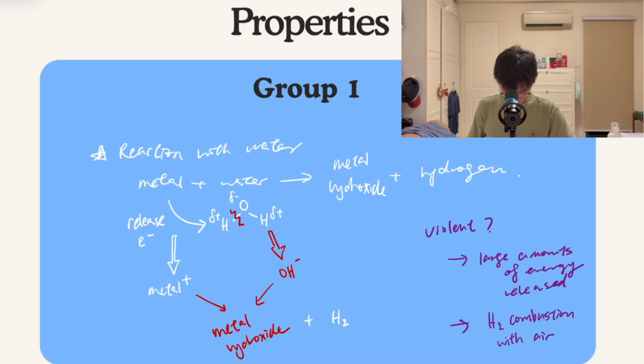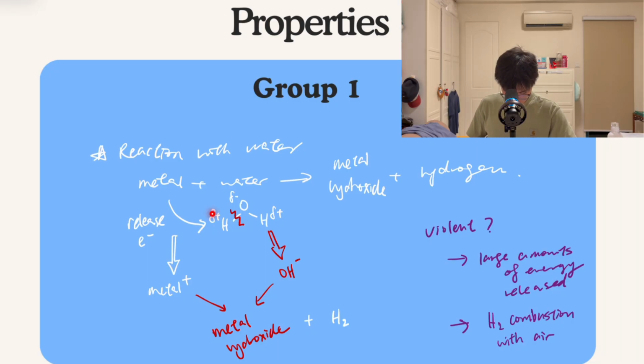And at the same time, as the single outer shell electron in the metal atom is donated to one of the hydrogen ends of the water, it becomes a positive metal ion itself. And that reacts with the hydroxide ion because opposite charges attract. One is positive, one is negative. They form a metal hydroxide.